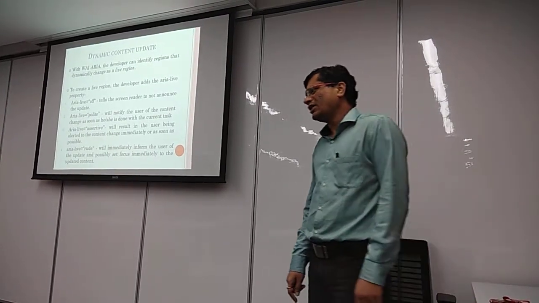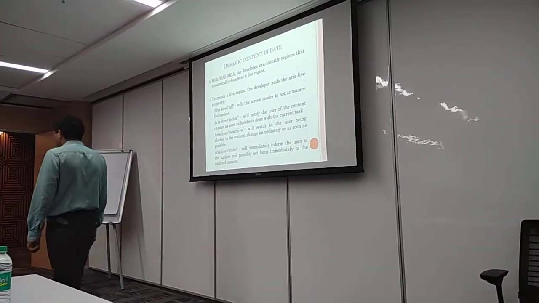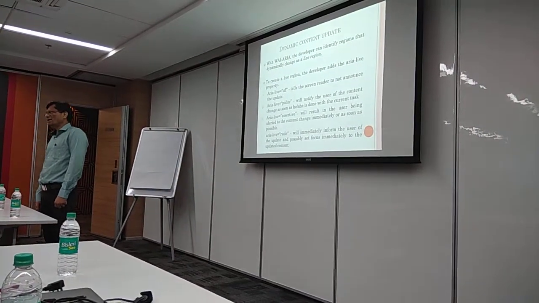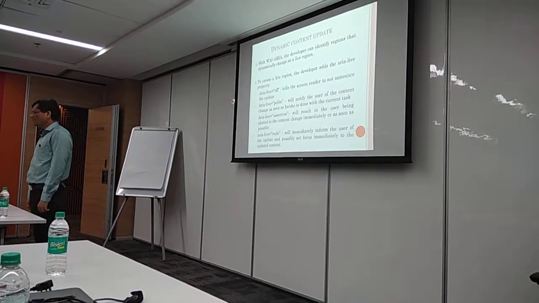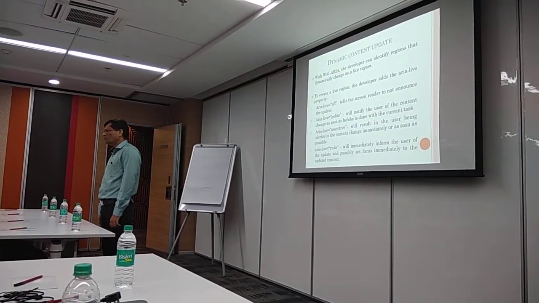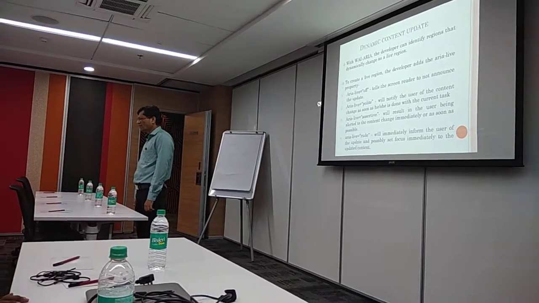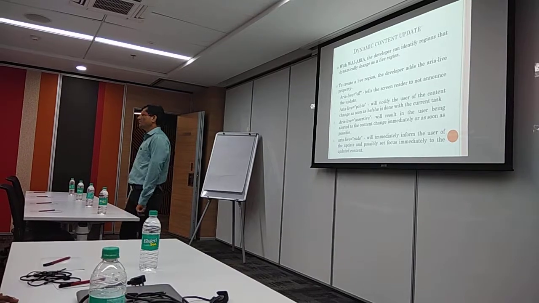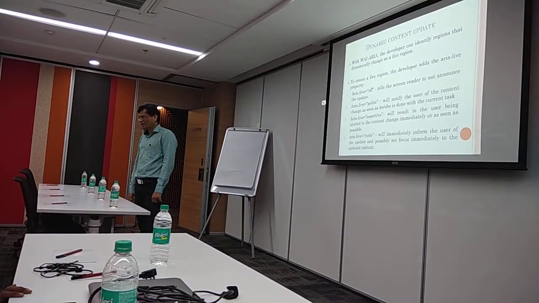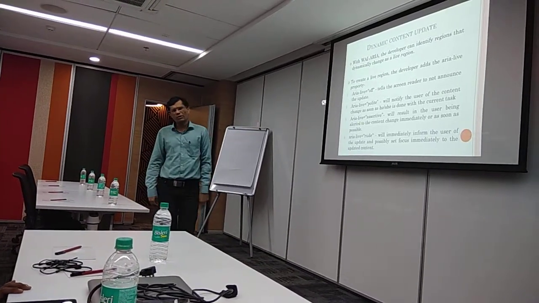For dynamic content update, suppose you are on Facebook and there is a user with visual impairment who is updating their Facebook status, and simultaneously somebody is trying to chat with that person, and simultaneously somebody is updating photographs, and that is being reflected on his wall.